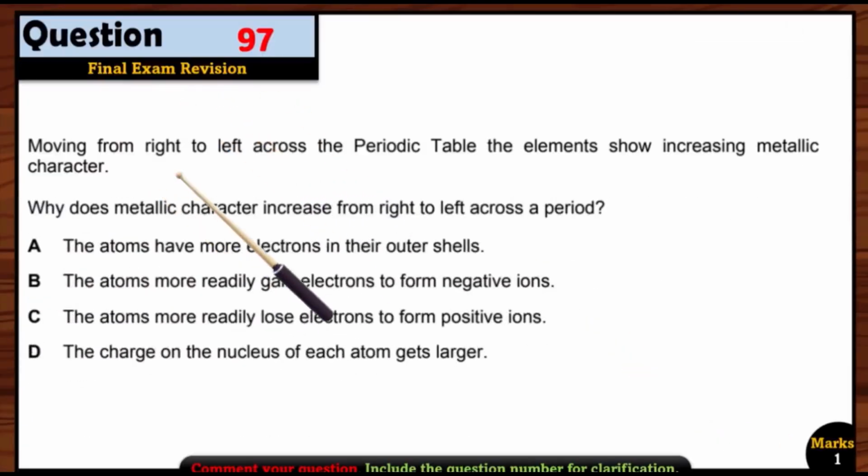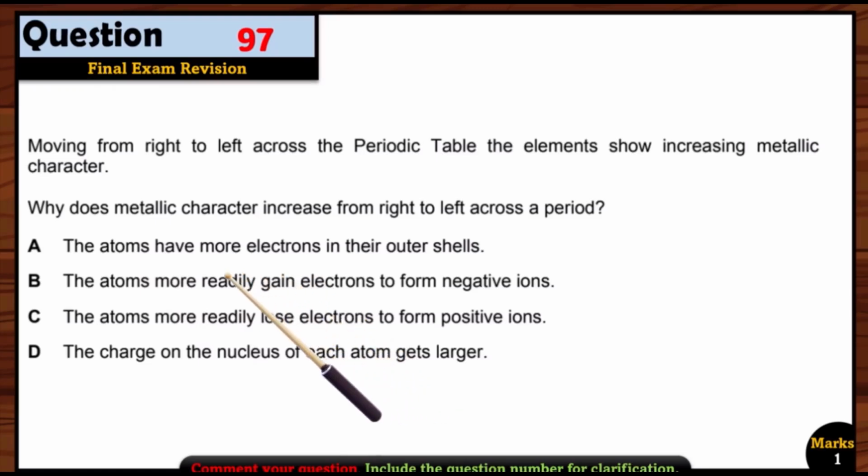Question 97, going from right to left across the periodic table. So be very careful. They are talking about right to left. It means on the right we have non-metals and on the left we have metals. Okay. So increasing the metallic character. Why does this metallic character increase from right to left across a period? So the atoms have more electrons. Wrong. From right to left, the atoms have fewer electrons.